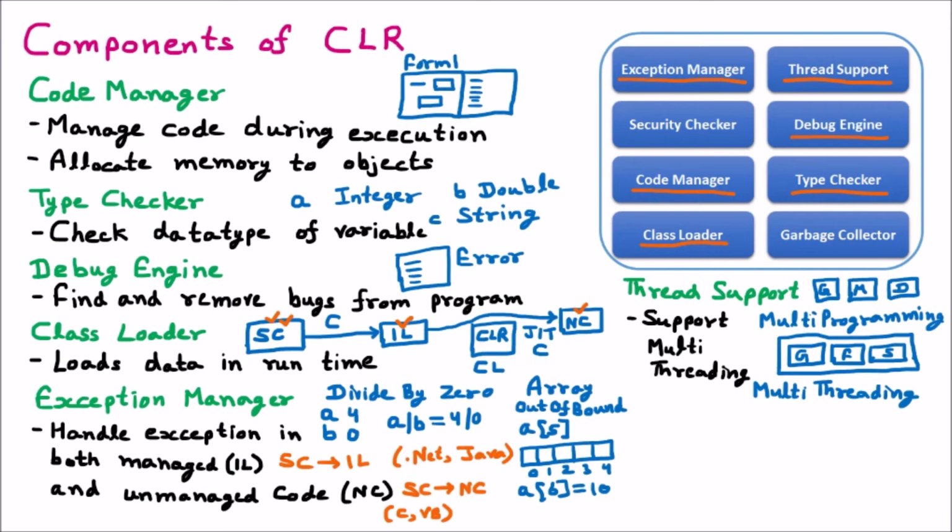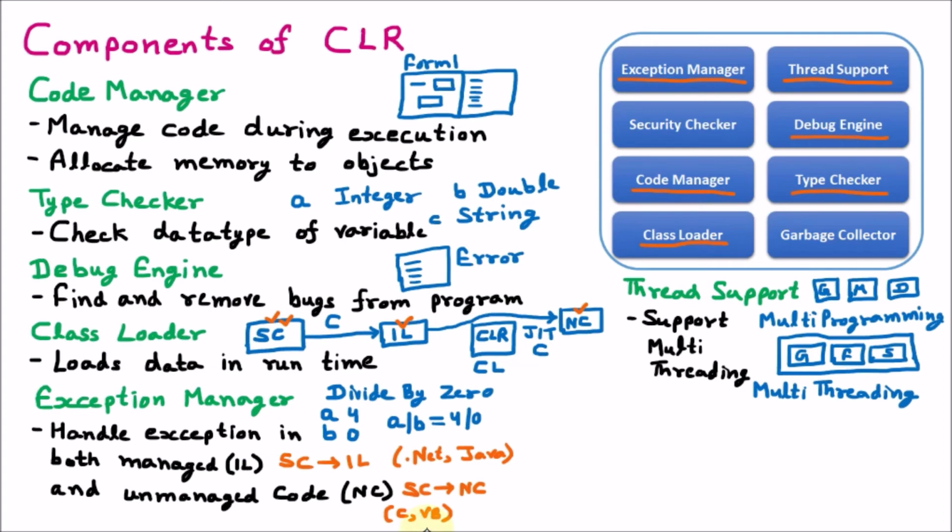But whenever we are doing tasks which are similar and interlinked, they are called multi-threading. Let's say we are making a project. In that project, there are files which are of the same type and which require each other. So these are called the threads of a project. The complete project is like a program. If we are dealing with such small parts, this is called multi-threading, and this multi-threading is taken care of by the thread support.